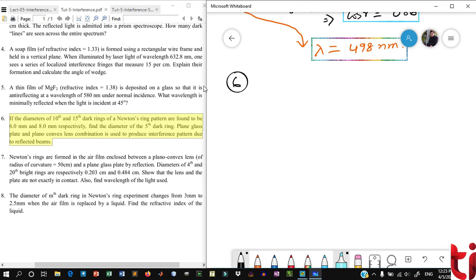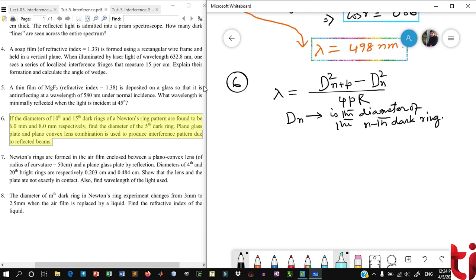In the Newton ring experiment, the wavelength is calculated using this formula, where Dn is the diameter of the nth ring and lambda is the wavelength of the light used for observing the Newton ring pattern.